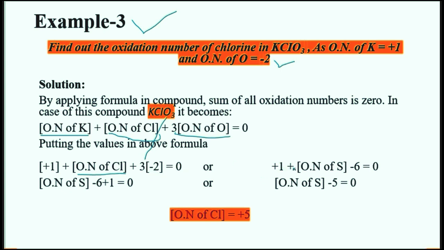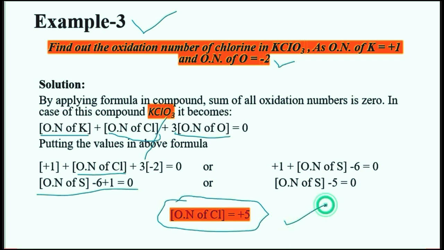So +1 plus the oxidation number of chlorine -6 is equal to 0, and we can calculate it in the simplest form: the oxidation number of chlorine is minus 6 plus 1, which is equal to 5. So the oxidation number of chlorine is equal to +5.